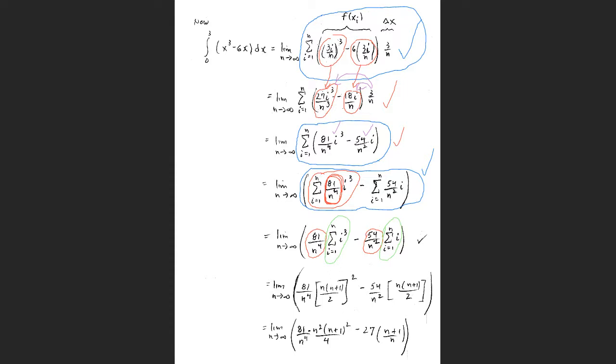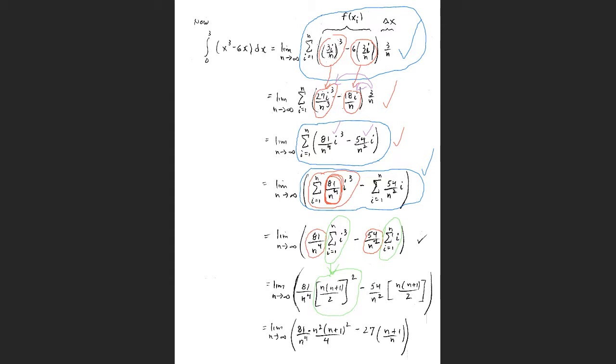So the sum of i equals 1 to n of i cubed is going to equal n times n plus 1 divided by 2, that quantity squared.